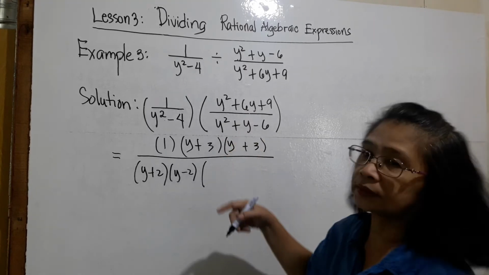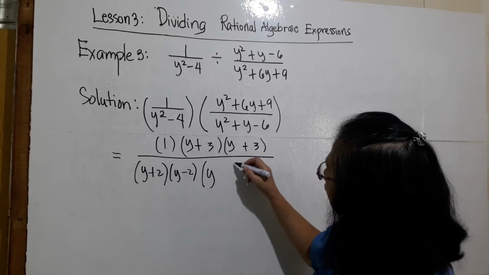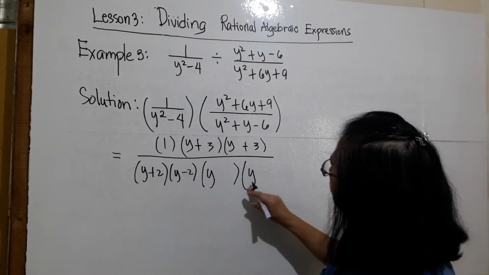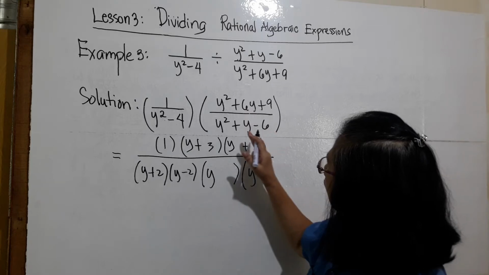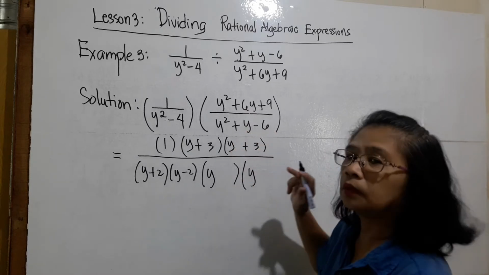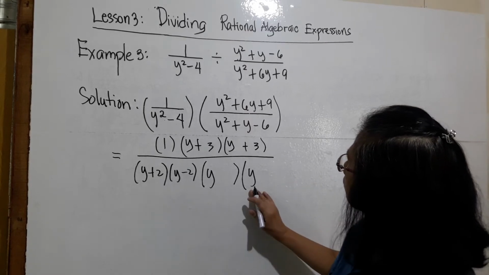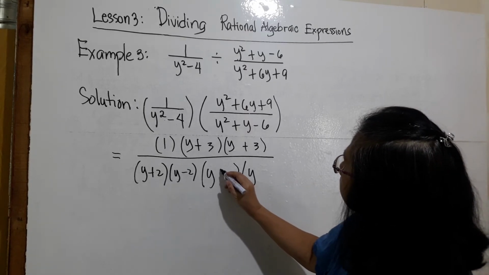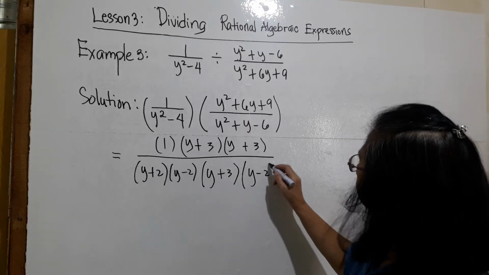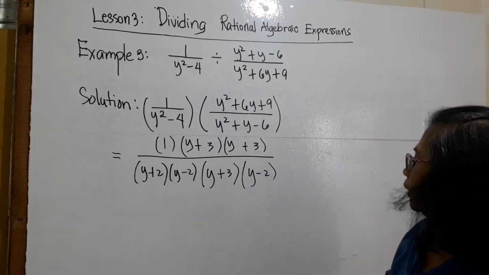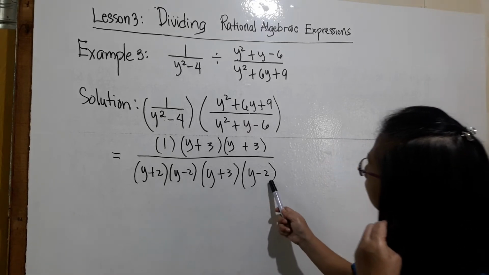So therefore this is a general trinomial. So we can factor it this way. What do you think are the factors of negative 6 to have an algebraic sum of positive 1? I think that would be positive 3 and negative 2. Okay? Because algebraically, plus 3 minus 2 is plus 1.